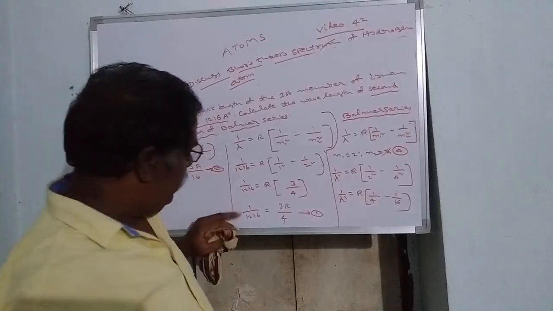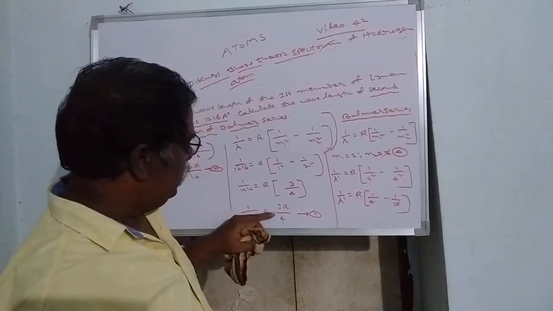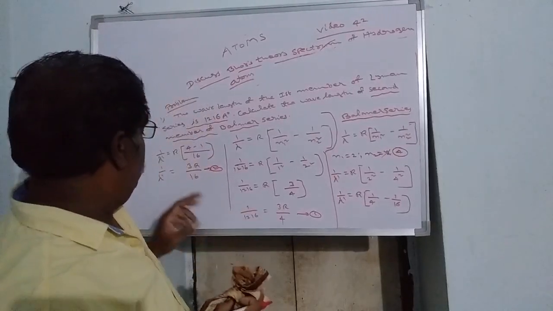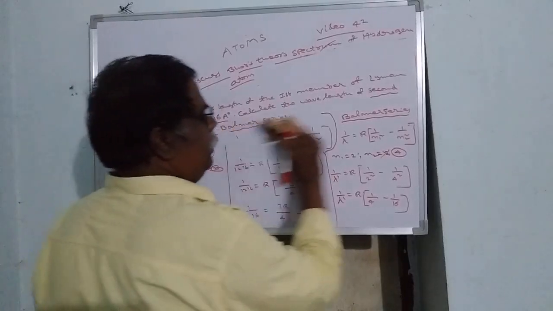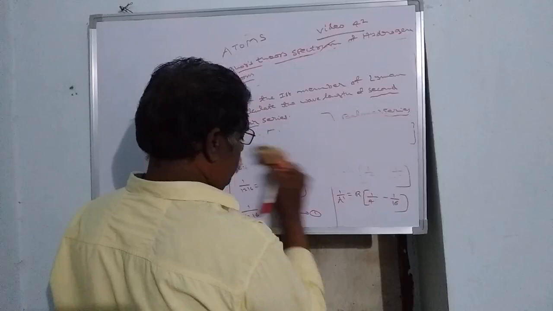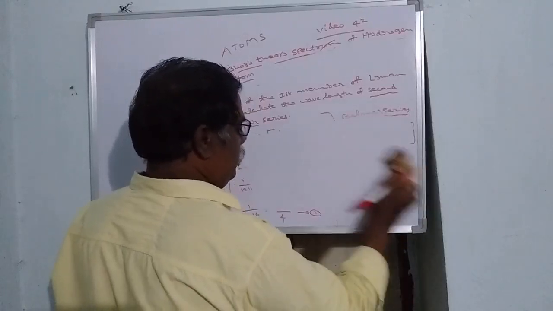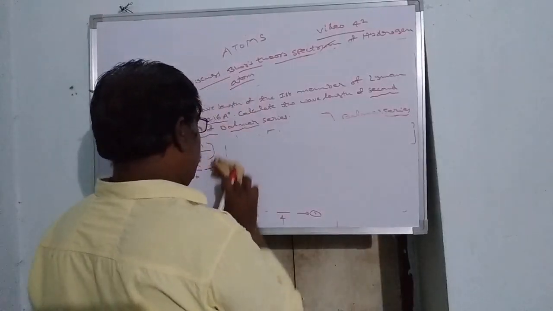So what is the first equation? 1 by 1216 is equal to 3R by 4. Second equation, 1 by lambda dash is equal to 3R by 16. Now we will solve these two equations to get the value of lambda dash.